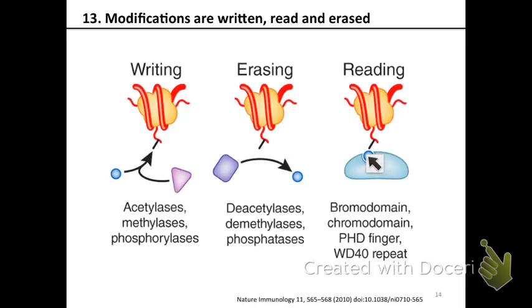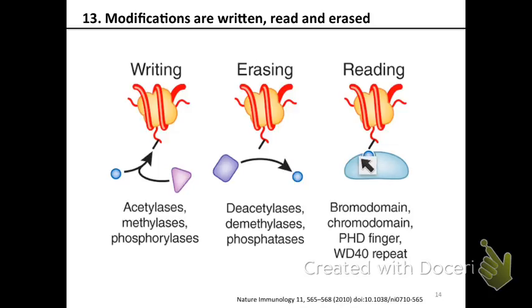Let's imagine that this little blue ball is a certain type of modification. It could be methylation, right? So it's going to be put up here by a methylase. It can be removed by a demethylase. But let's imagine that when that methylation is put on the histone tail, there is this protein called a reader that has a domain that's going to recognize this methylation.